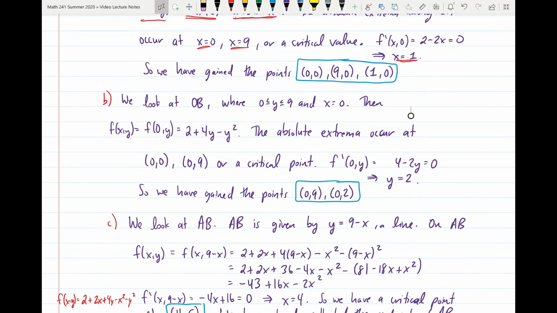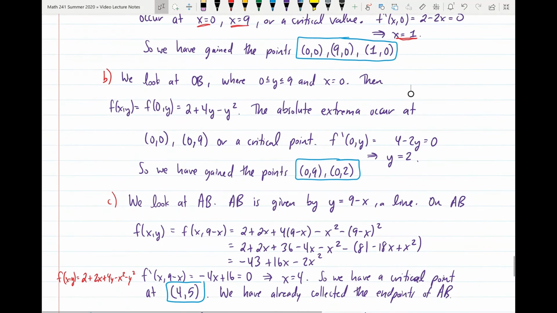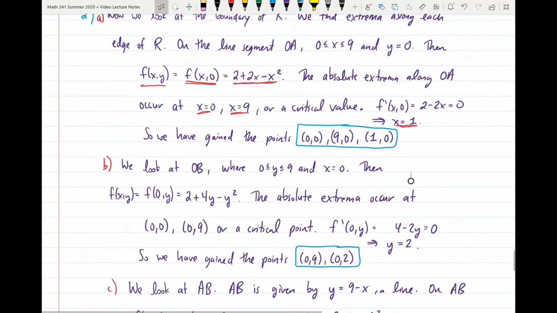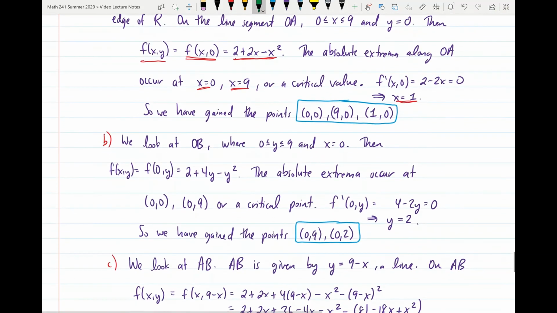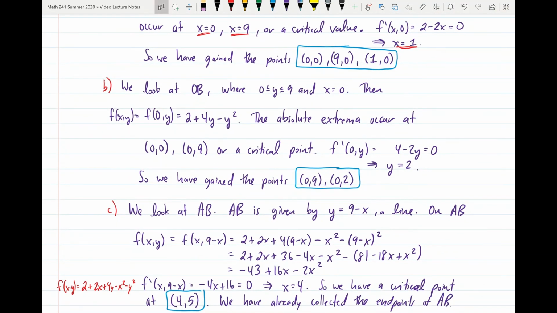So we're going to look at the line segment from the origin to B. And that line segment goes directly up. So let me go back up to the picture for a second. We're looking at this line segment on the left now. So it's going to go directly vertically, meaning that x is going to equal 0 at all of the points on that line segment, and y is going to vary from 0 to 9.